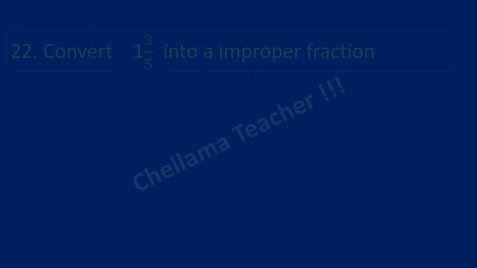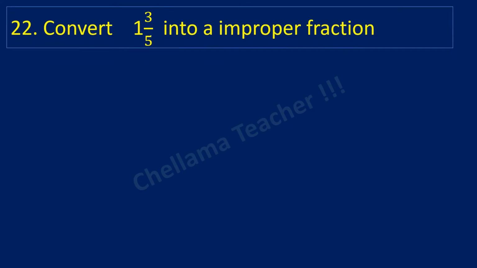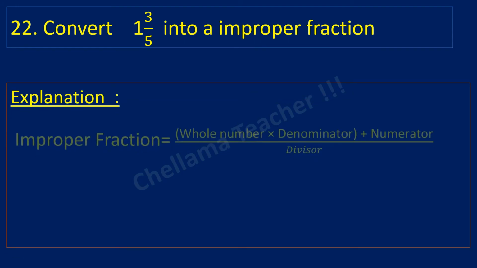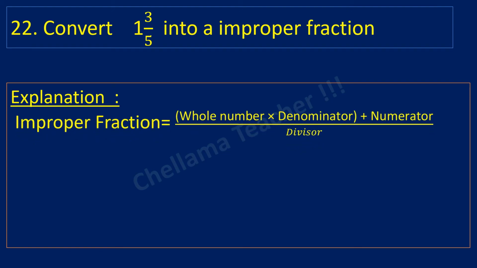Question 22. Convert 1 3/5 into an improper fraction. How to do this one? First, the improper fraction is equal to the whole number times the denominator plus numerator, divided by the divisor.